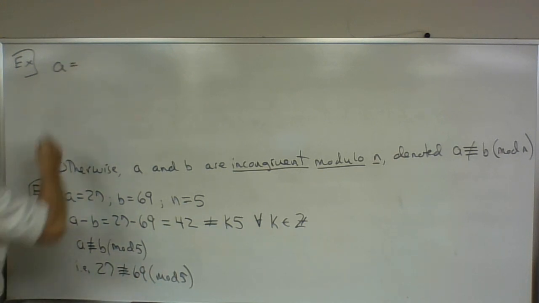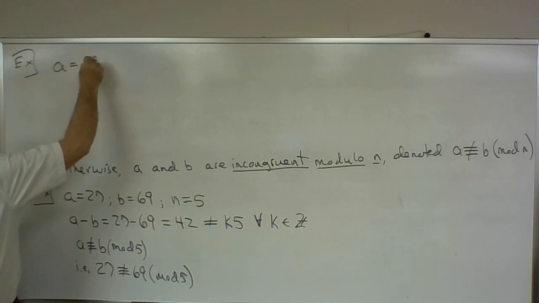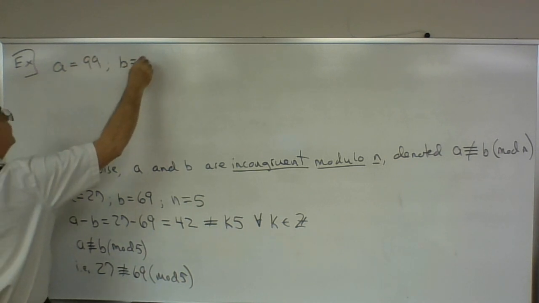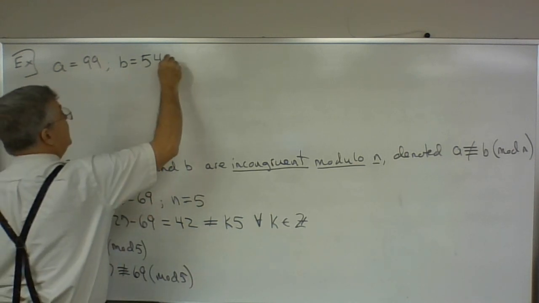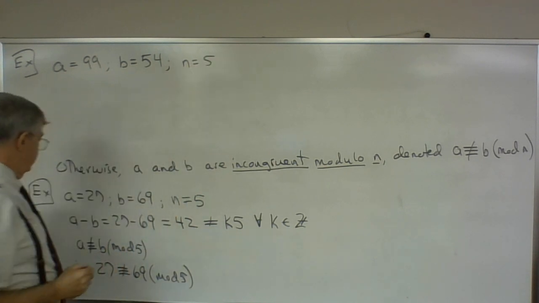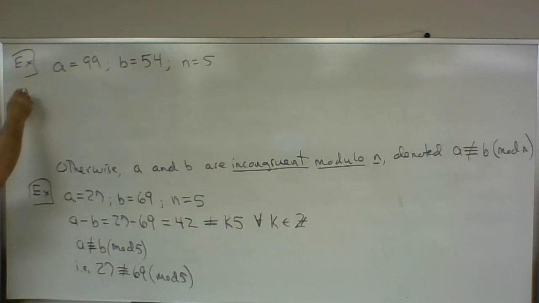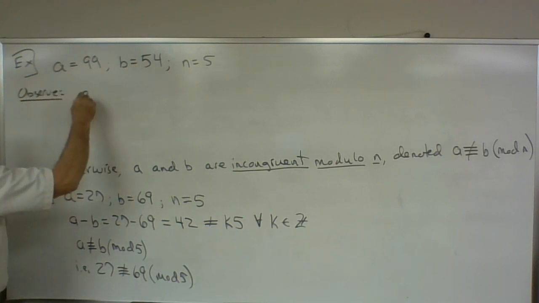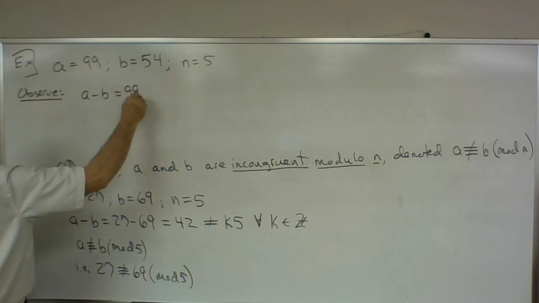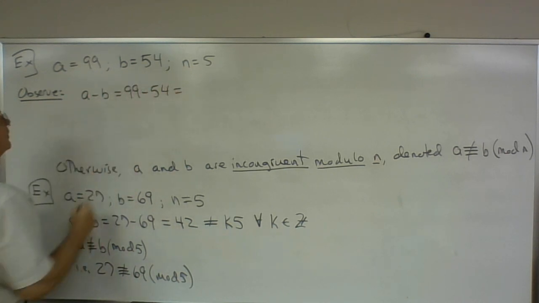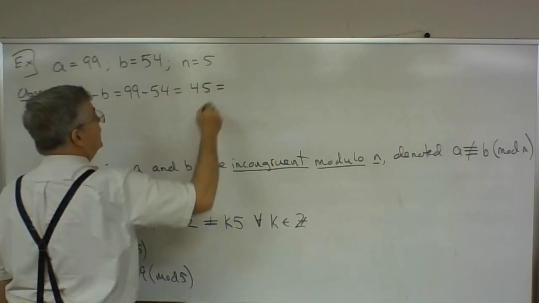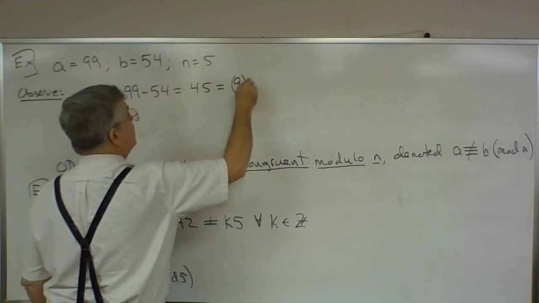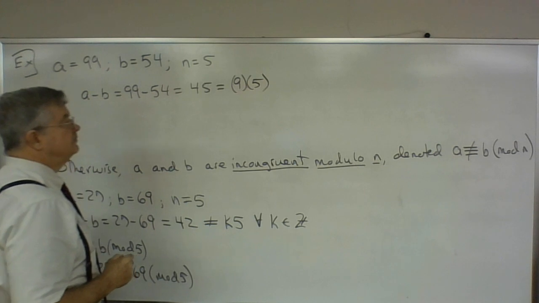And we'll have A equal 99, B equal 54, and we'll let n equal 5 again. So A minus B is 99 minus 54, and that is, what, 45? And that's equal to 9 times 5.